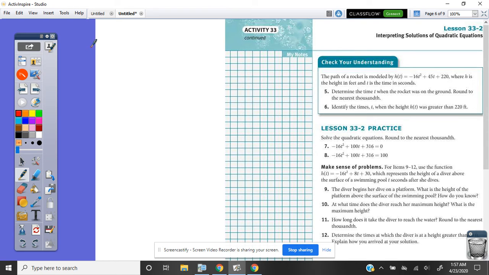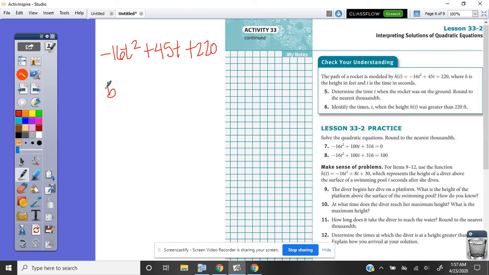All right, number 5 asks you to determine the time when the rocket was on the ground. So that's when you set it equal to 0. So we have negative 16t squared plus 45t plus 220. So I can't factor here because I don't have a number that goes into 16 and 45. So you have to do the quadratic formula again.